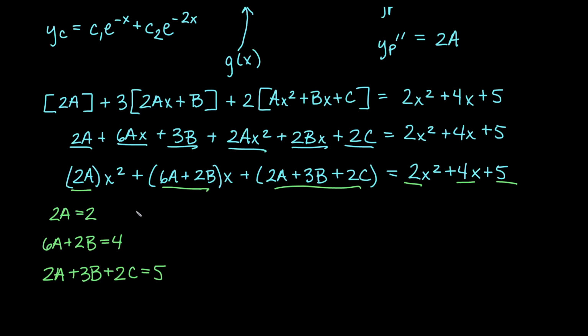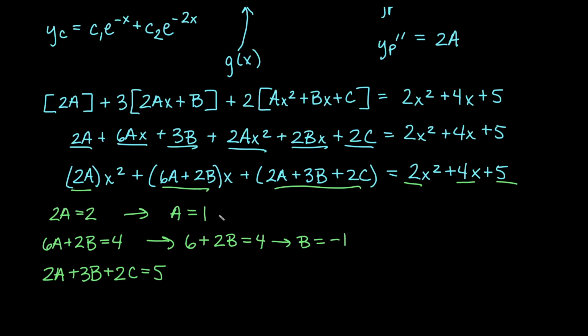So solving this first one, 2a equals 2 is going to give us that a equals 1. And if we plug the 1 in for a in the next one, that will give us 6 plus 2b is equal to 4. Go ahead and subtract your 6 and divide by 2. That will give you that b is negative 1.